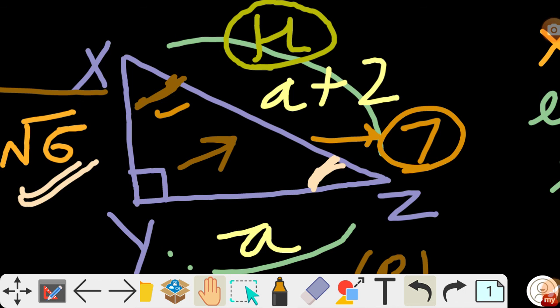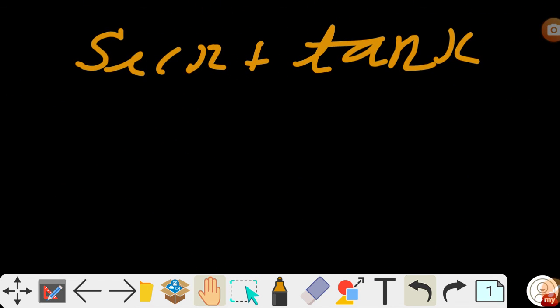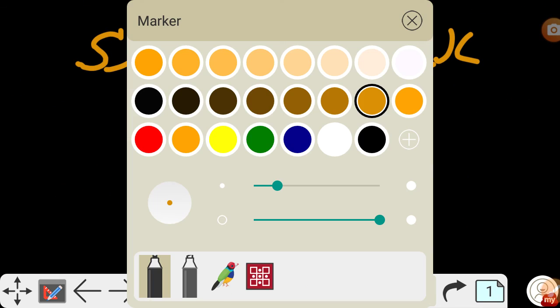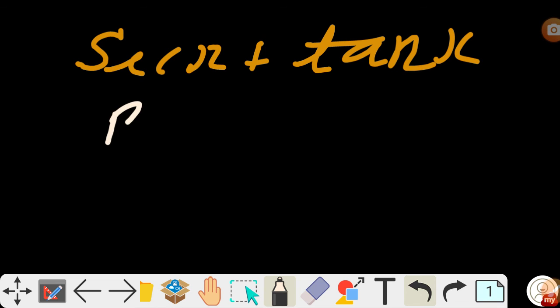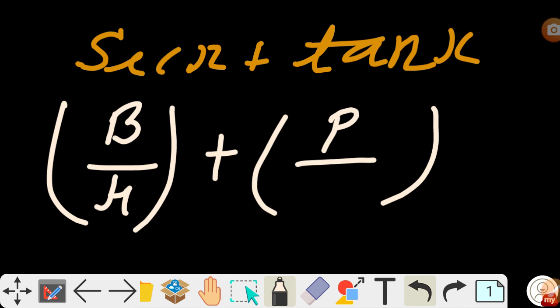So sec x, we have here, hypotenuse upon base, plus tan x, we have here perpendicular upon base.